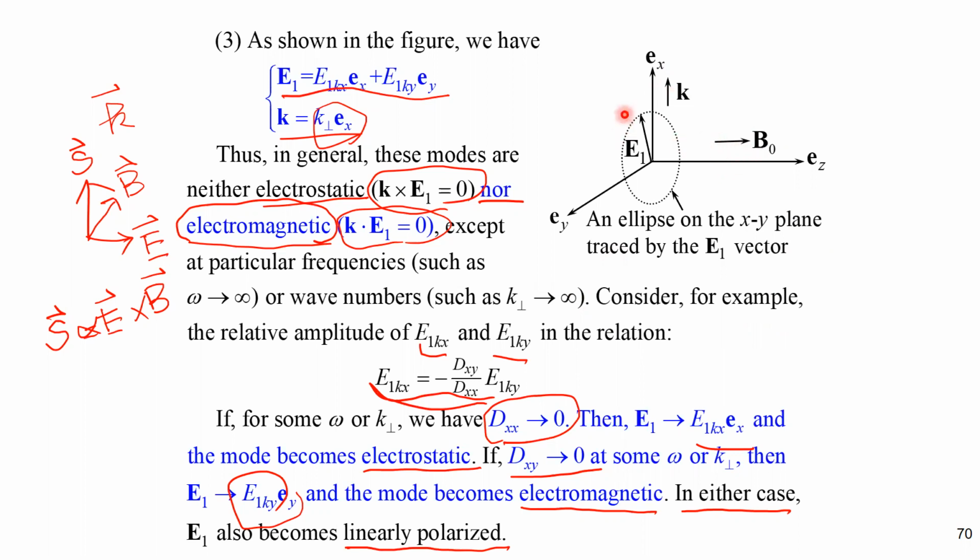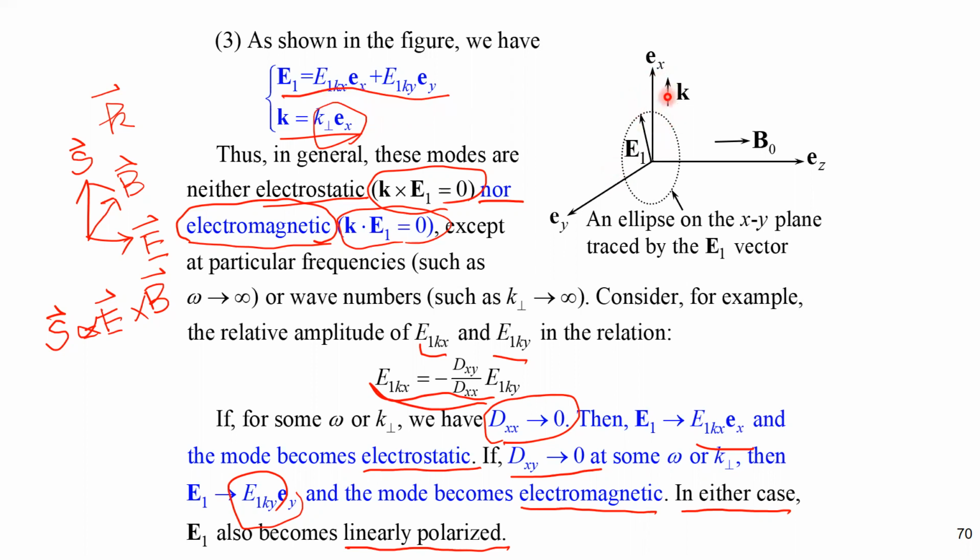In that case, we will have a K just in the perpendicular direction, and electric field in X and Y direction. So electric field in this plane and wave propagating in this plane.